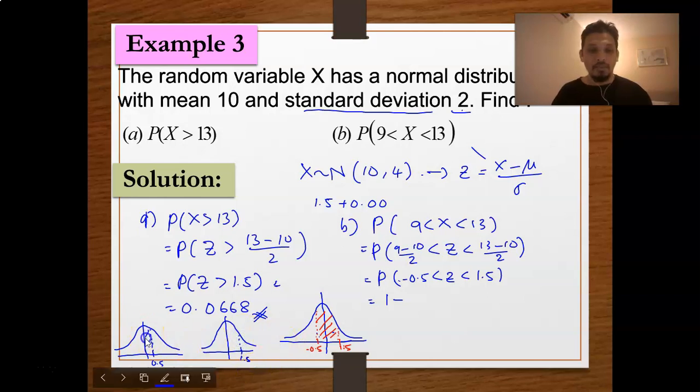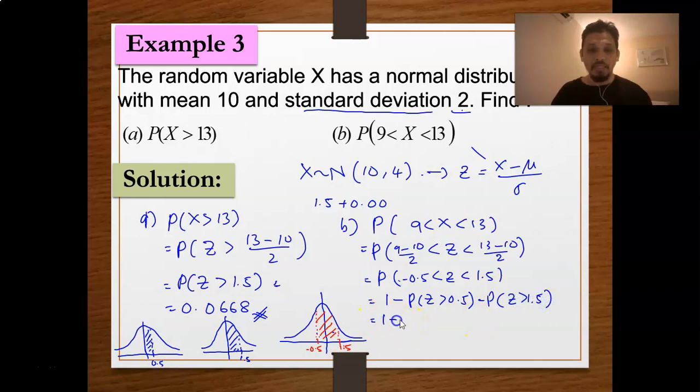So the addition of these two is 1 minus the probability of z greater than 0.5, minus the probability of z greater than 1.5.